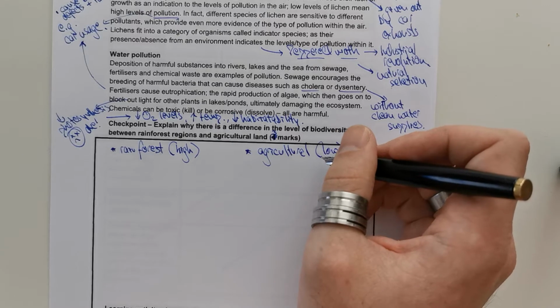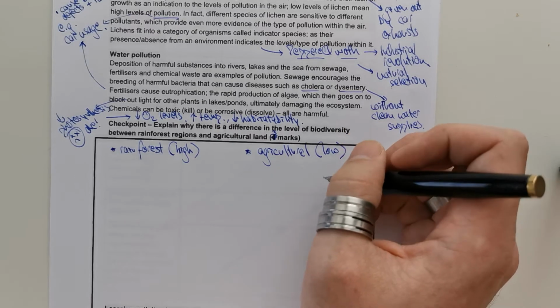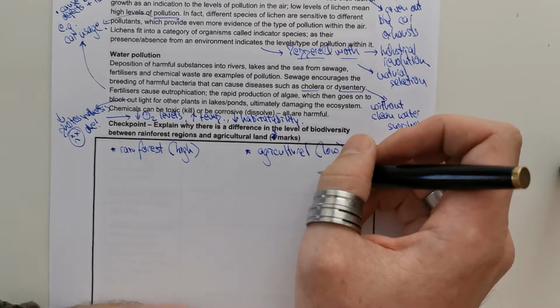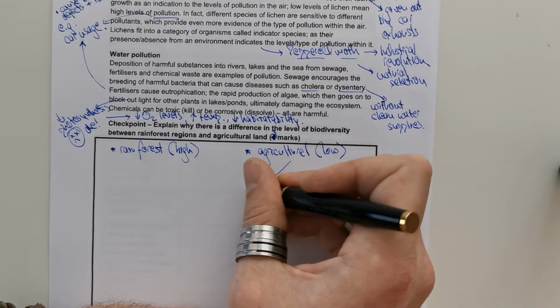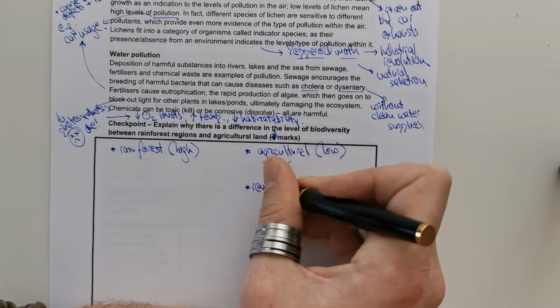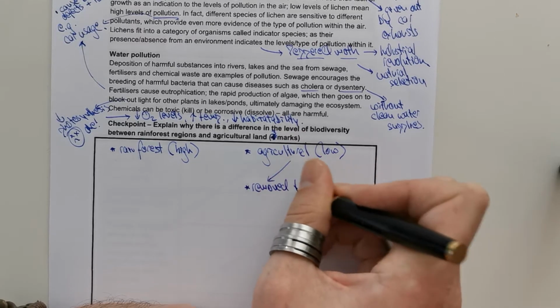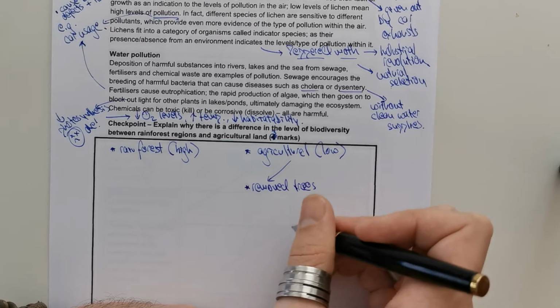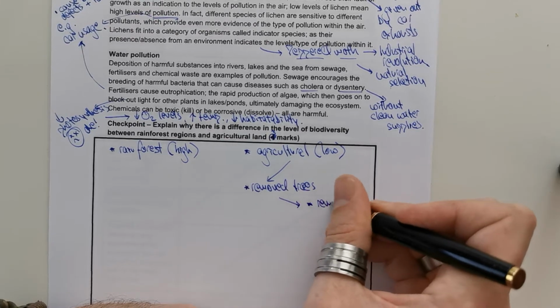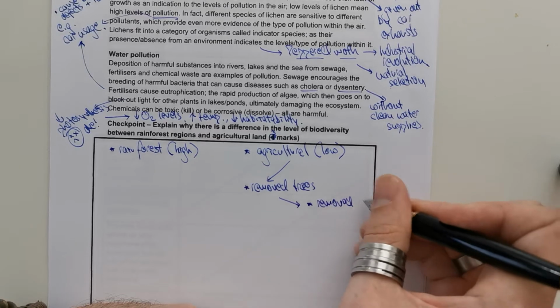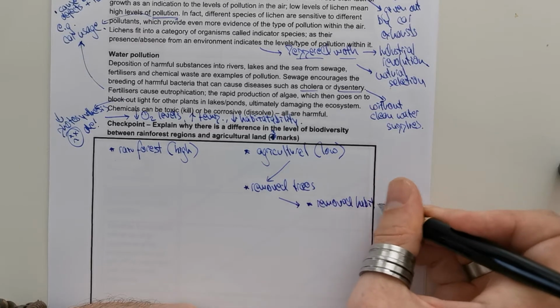Right. Why? What's the difference? So on agricultural land, what has happened is if you've removed trees, you've removed habitats.